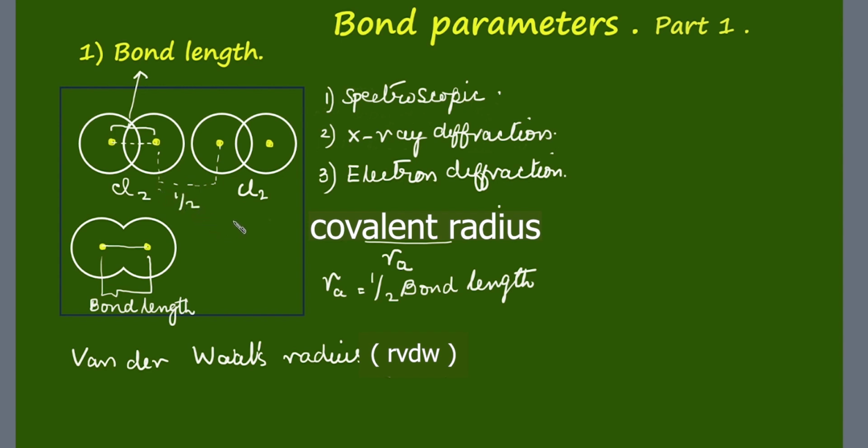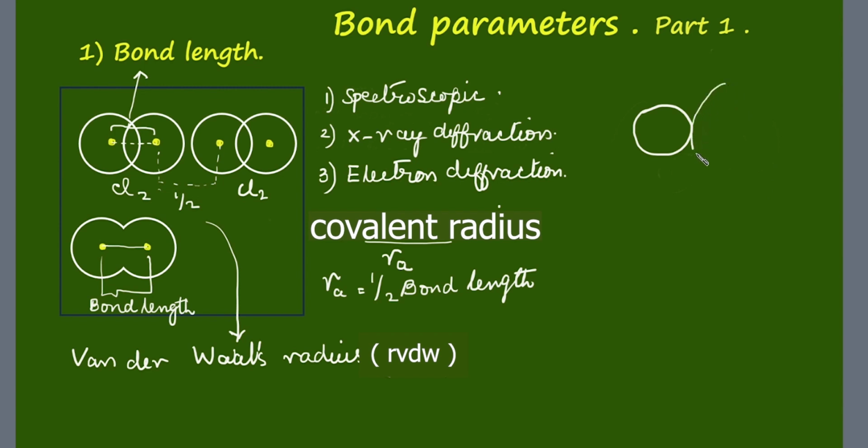Let me explain the difference between covalent radius and van der Waals radius. Covalent radius is half of the bond length in the case of a molecule formed between two similar atoms. Van der Waals radius is half of the distance between the centers of the nuclei of two atoms belonging to adjacent molecules.